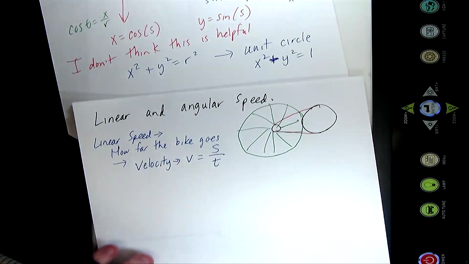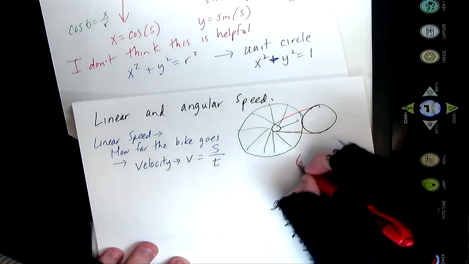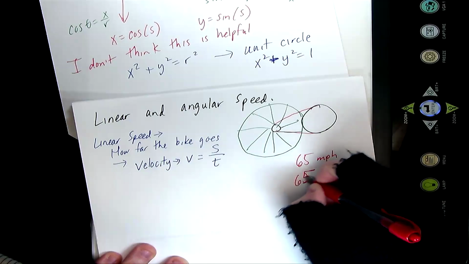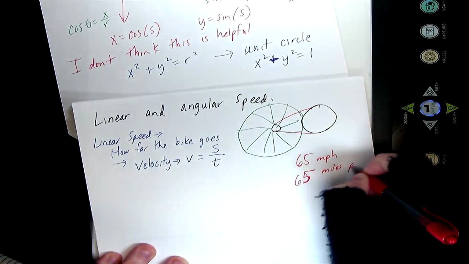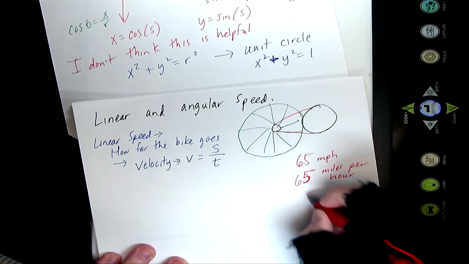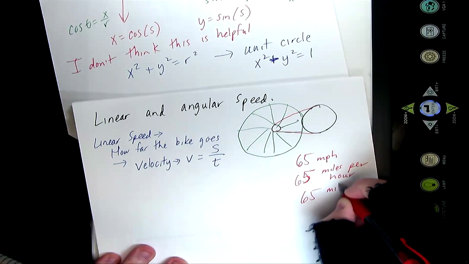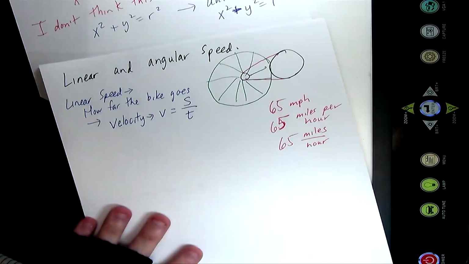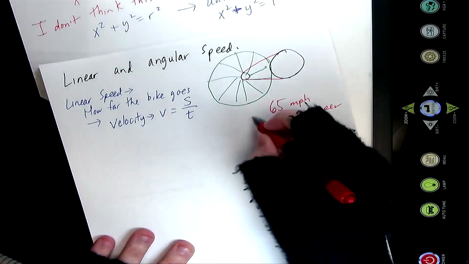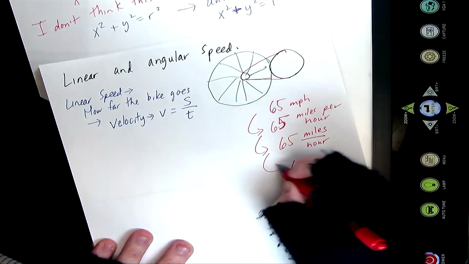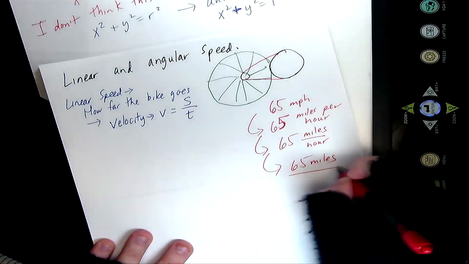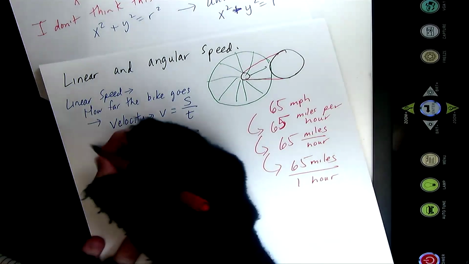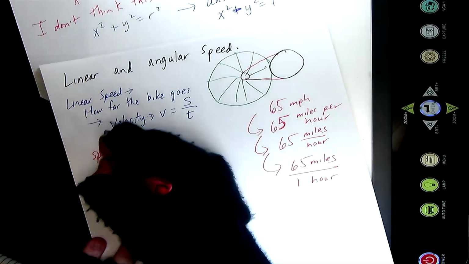Like when we talk about going 65 mph, that is 65 miles per hour, and per basically means division. Or 65 miles over 1 hour. So speed is a distance over time.